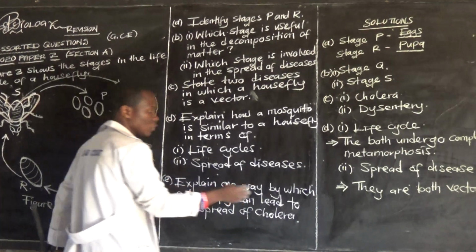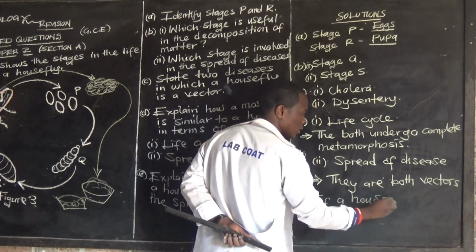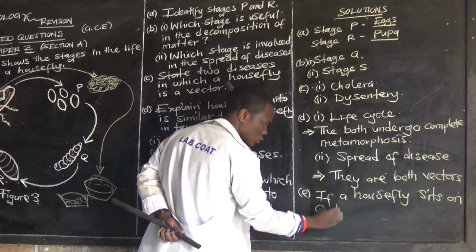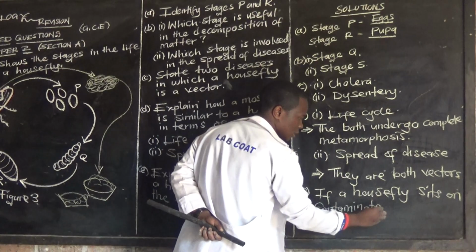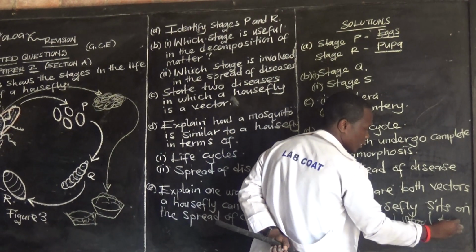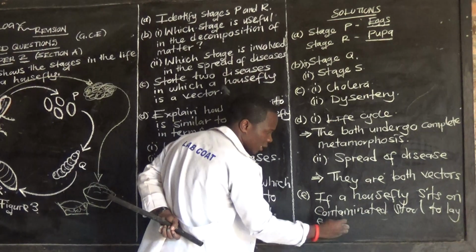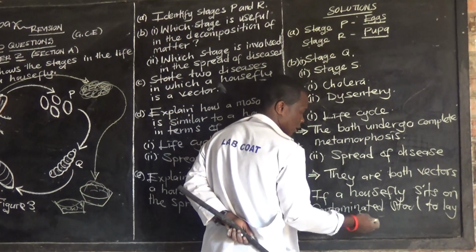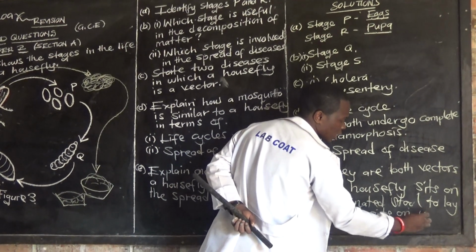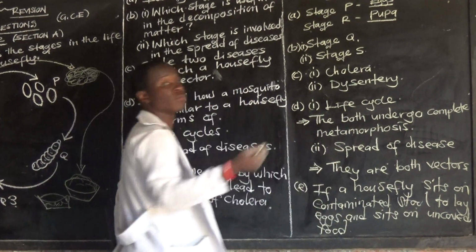So for E, you say, if this housefly sits on contaminated stew, maybe to lay eggs, and then sits on uncovered food, and then you consume the food, you end up having cholera.